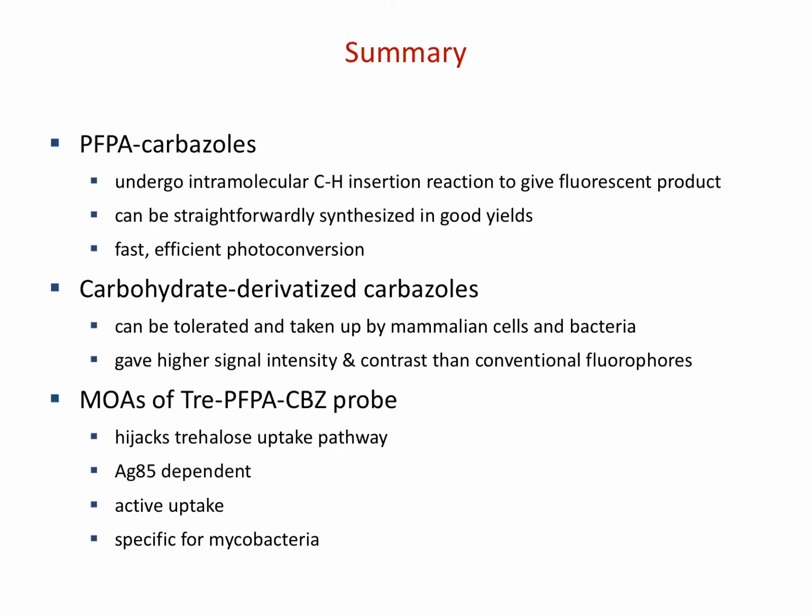And we think the mode of action of the trehalose probe is that it hijacks the trehalose uptake pathway, it's Ag85 dependent, it's active uptake, and it's specific for mycobacteria.